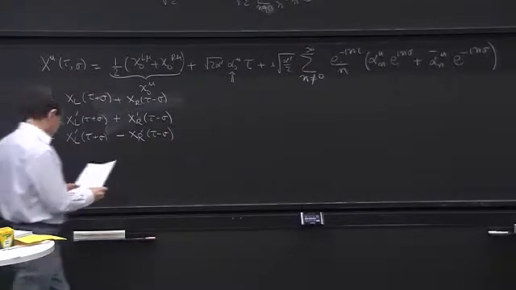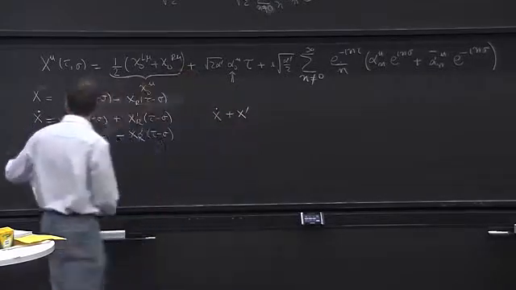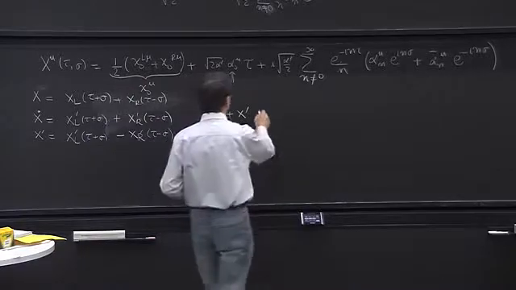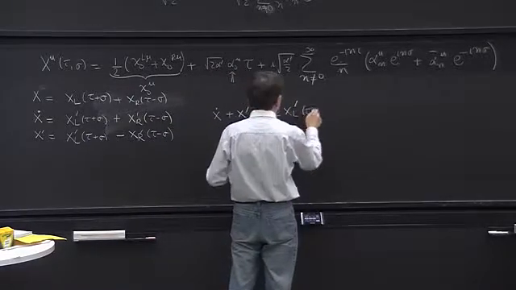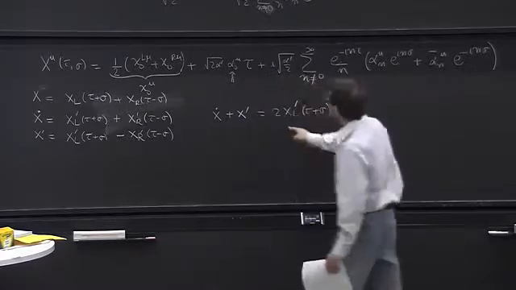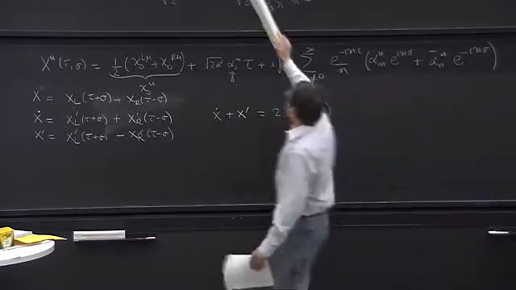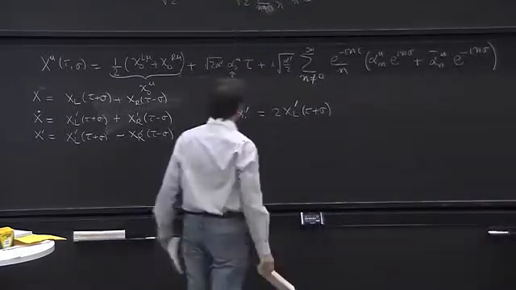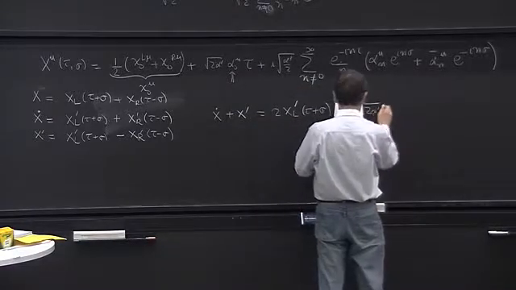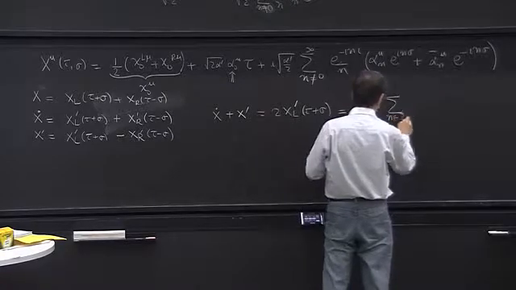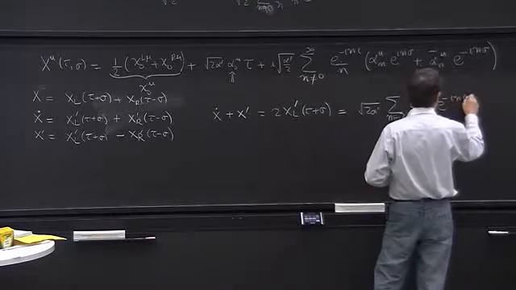So we get that x dot plus x prime, if you sum them, you get 2 x left prime of tau plus sigma. And that's the 2 that is responsible for this square root of alpha prime over 2 that we have there, because now this is square root of 2 alpha prime, sum over all n, alpha n mu, e to the minus i n (tau plus sigma).